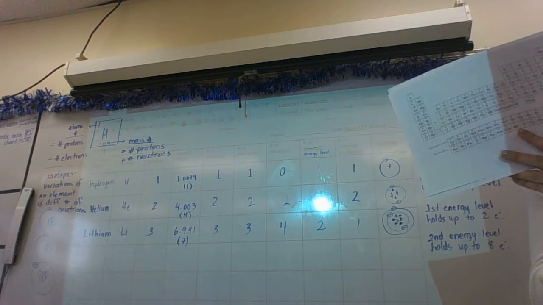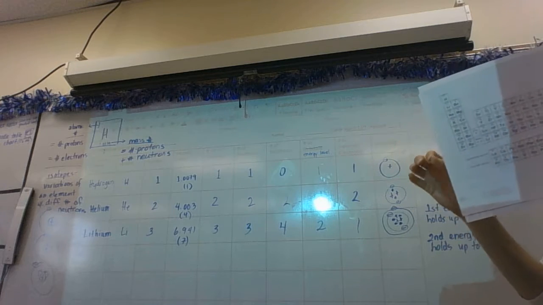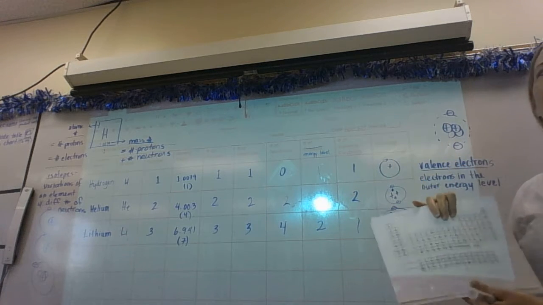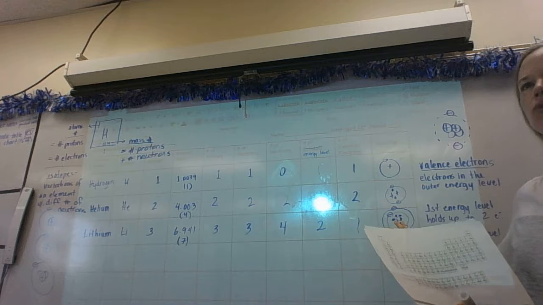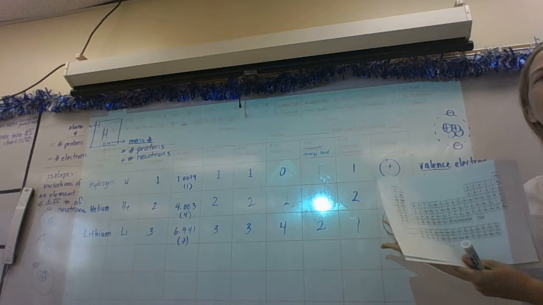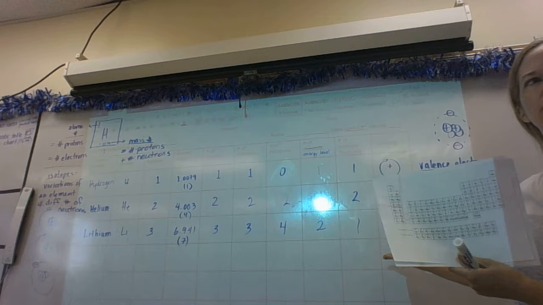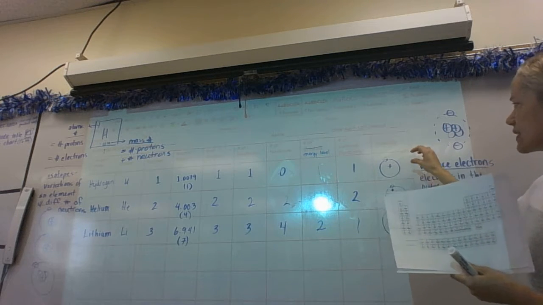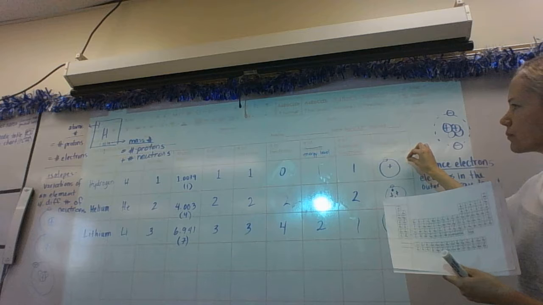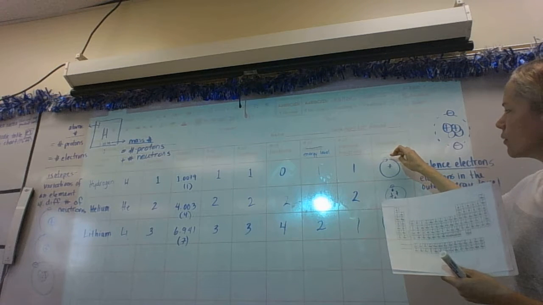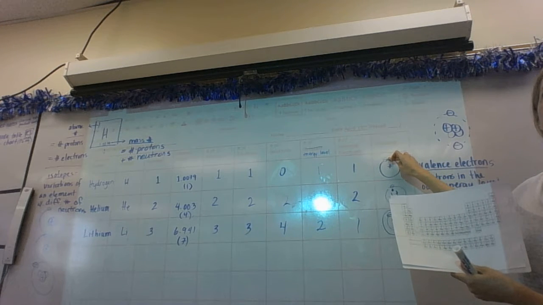That's one pattern. The other pattern, which is extremely cool, means you don't have to draw this every single time. You will for the chart, but in the future you won't have to. You're going to be tested on this next time. Pay attention. The other thing is that notice here you have 1 valence electron.